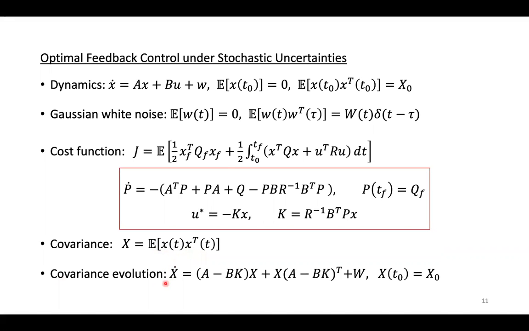You can derive the covariance evolution using the control that you had obtained, plugging it back in and taking a derivative of this equation, and it is of this form: Sigma dot equal to (A minus BK) times Sigma plus Sigma times (A minus BK) transpose plus W. And this W is the same W we are seeing here in this equation. And the initial condition on the covariance is essentially Sigma naught, which is also already given.